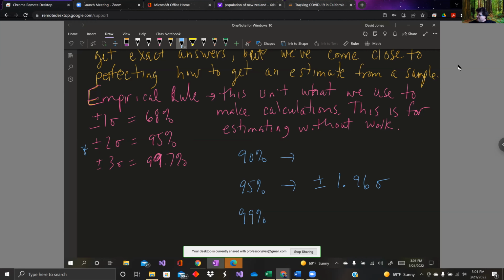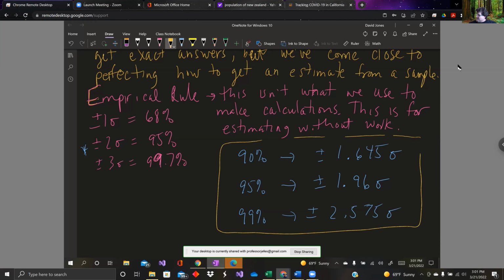If we want 90%, it's plus or minus 1.645 times the standard deviation. And if we want 99%, it's plus or minus 2.575 deviations. This is worth memorizing. It really is. Both of them are worth memorizing.